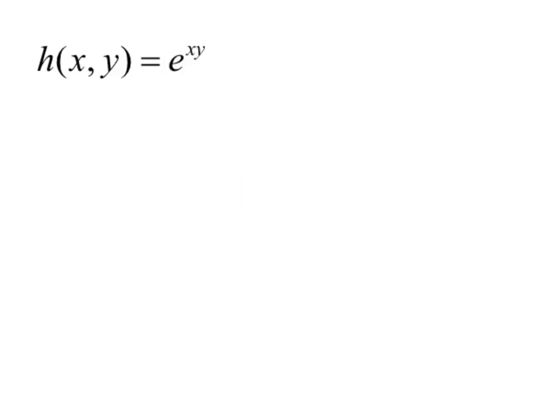And last example, h of x, y equals e to the xy. Now you think about the exponential, there's really no restrictions here, and x times y, you can plug in any x, y and get a valid outcome. So we can plug any number into an exponential.